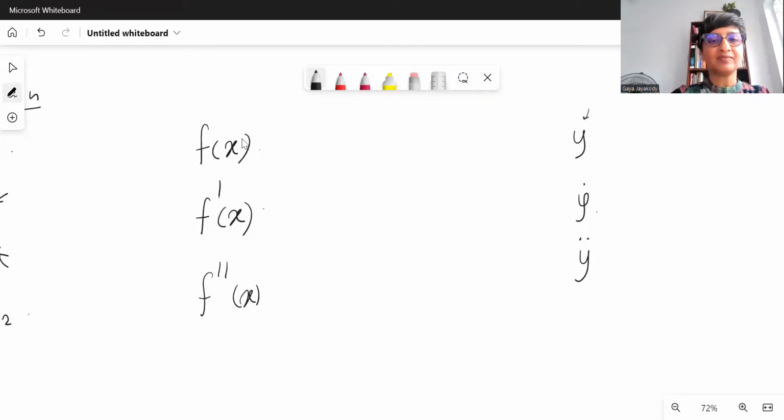Right, so that book that I have given you on the LMS course page has the rules of differentiation. I just pulled it out now, so I thought I would show you from there.